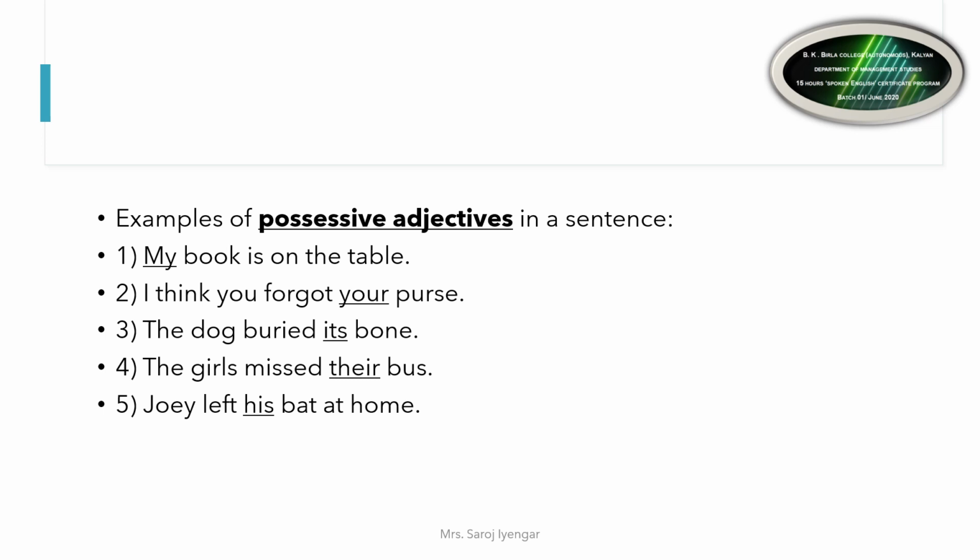So when you try to analyze the entire thing, the possessive nouns, the possessive pronouns, as well as the possessive adjectives, one thing which we need to understand is that these possessives are something that we keep talking about on a day to day basis, but we actually don't know how we use these possessives.